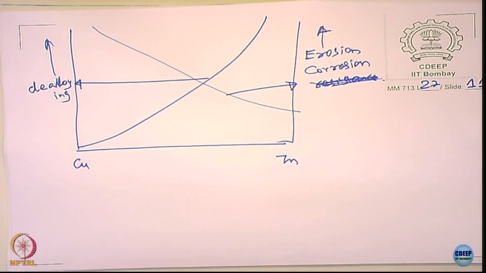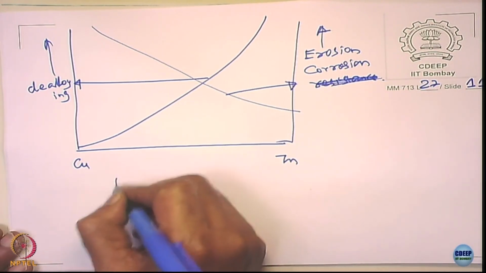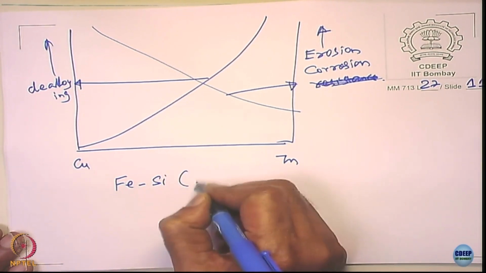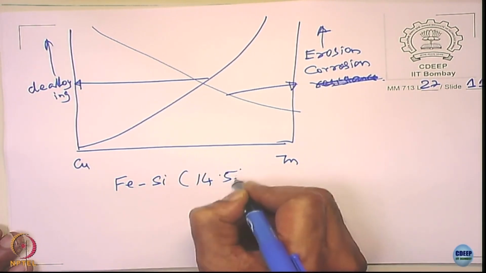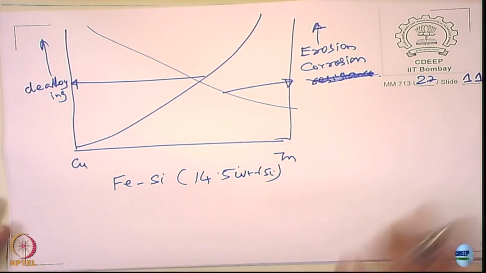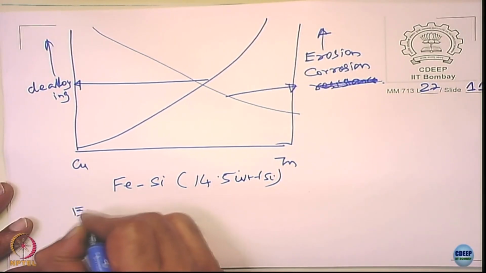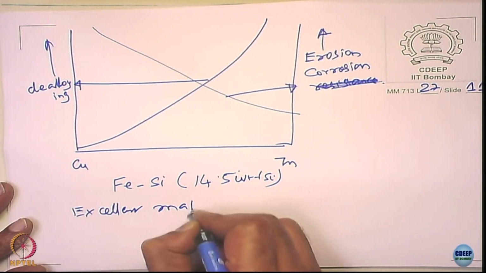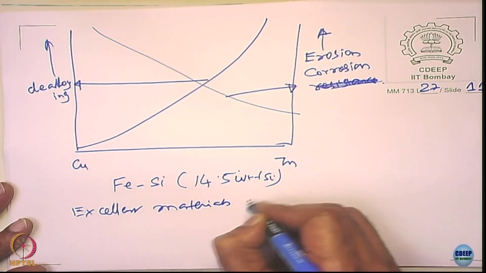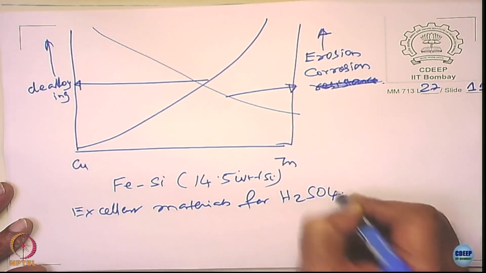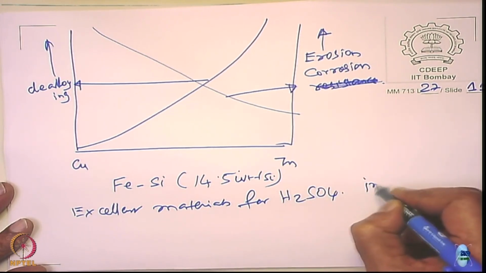The other example is iron silicon. Actually you are going to have 14.5 weight percent silicon. It is an excellent material for handling sulfuric acid, especially used for impellers.